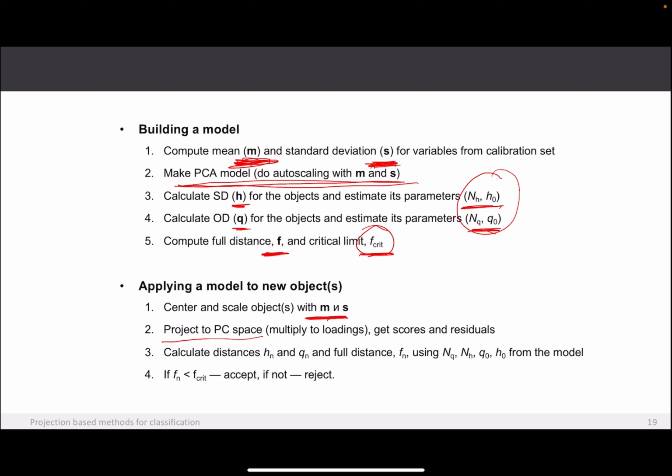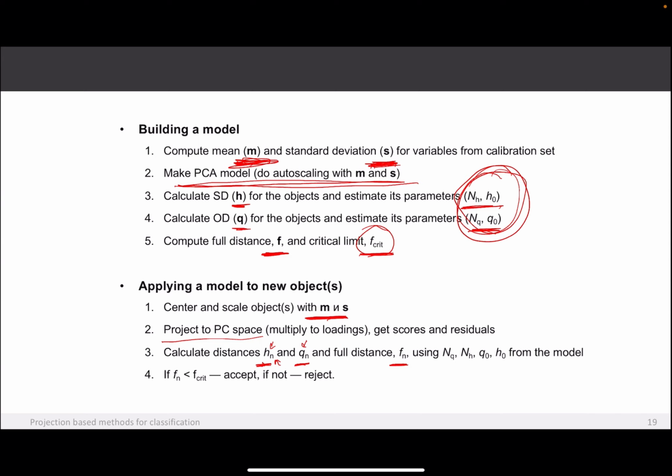And then based on these two matrices, you compute the distances, right? The Q distance and H distance. I use the index N because it stands for new, to differentiate it from what we had before. Since you can see it's not bold, I assume that we have only one object here, but it doesn't really matter. Then based on these two, and also on the parameters we computed before, we compute the full distance.